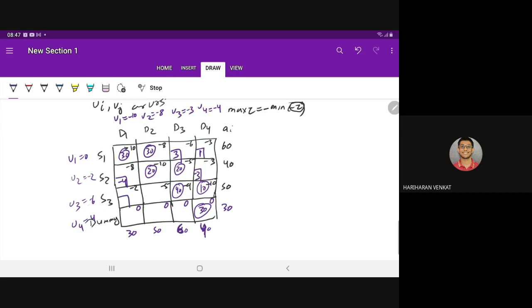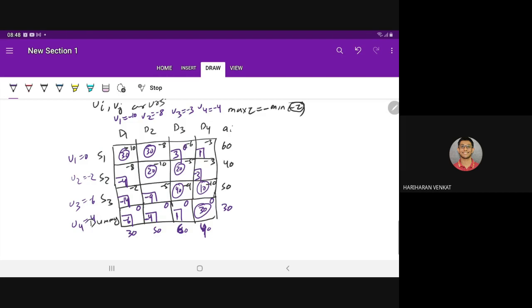Here minus 6 minus 10, minus 16, so minus 14. Here minus 6 minus 8, minus 14, so minus 9. Here we have 4 and minus 10, so minus 6. Here 4 and minus 8, minus 4. And here 4 and minus 3, that is 1. So the most positive is this 3.